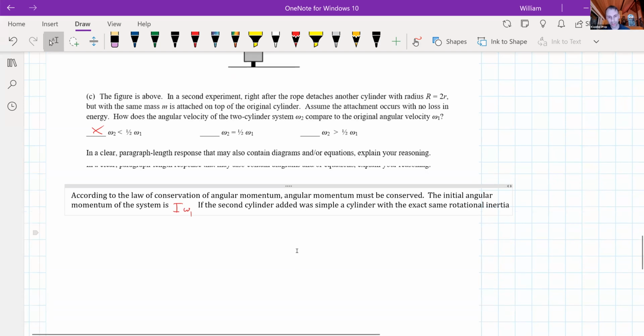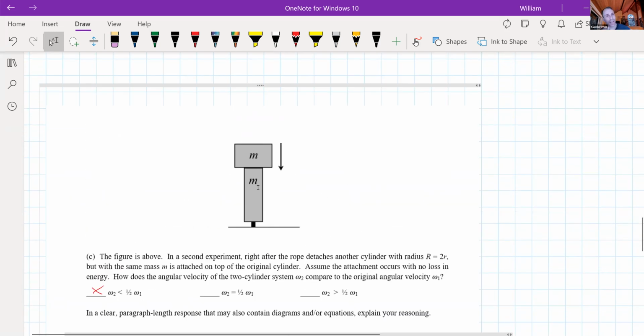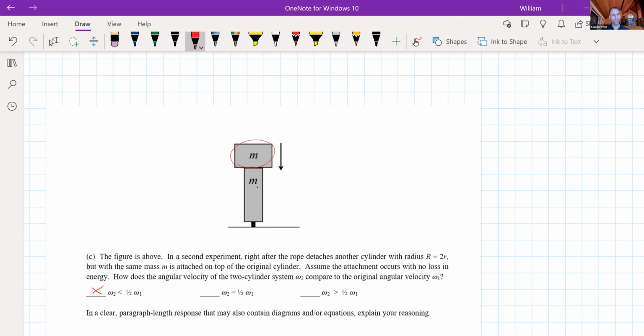But by the way, what does that mean? That means it's the same shape, right? Remember, rotational inertia is a consequence of not only the mass, but how the mass is distributed. So this guy here, it's stubbier. More of its mass is concentrated further out, thus it is harder to rotate.